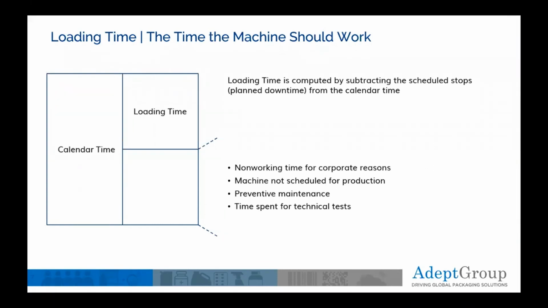Meaning that if your manufacturing site is open 24 hours a day, 7 days a week, when you are doing preventive maintenance, you are actually stopping your line to do preventive maintenance. So in this case, it might not be the right thing to consider the preventive maintenance out of the loading time because it is actually affecting your production capacity. So you might want to consider that it is decreasing your OE.